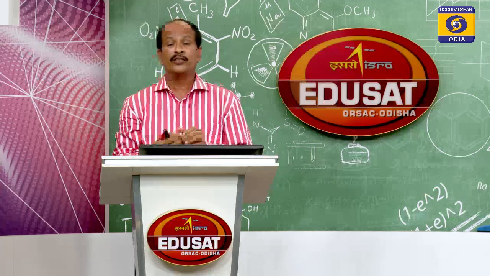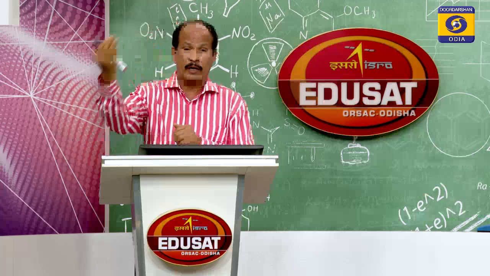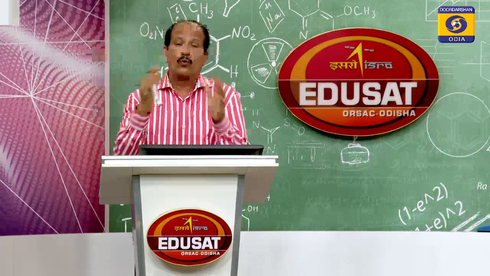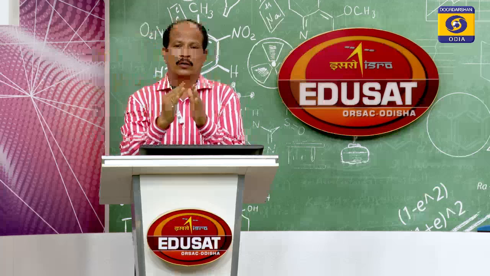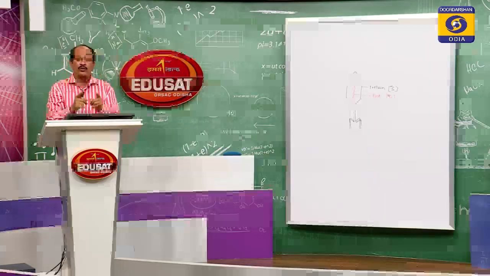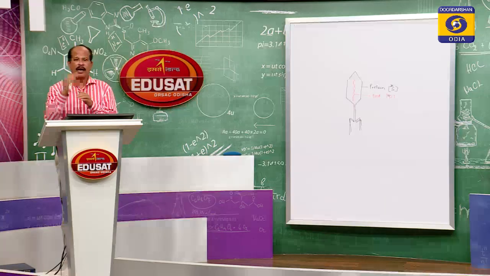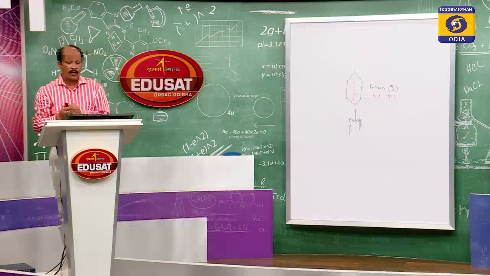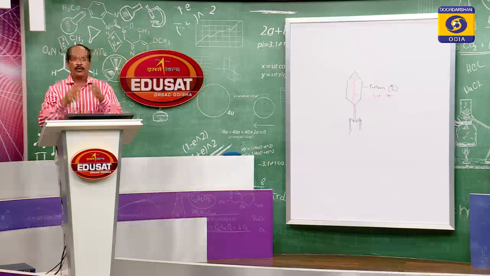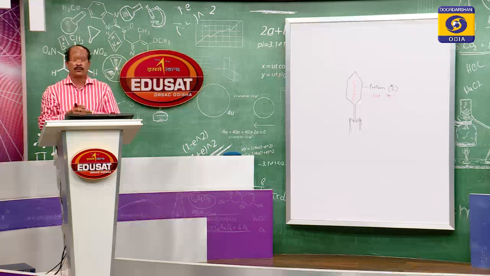But what was injected into the cell and what remained outside the cell was distinguished by using P32 DNA and S35 protein, and therefore, they confirmed that DNA is the genetic material of the phages.